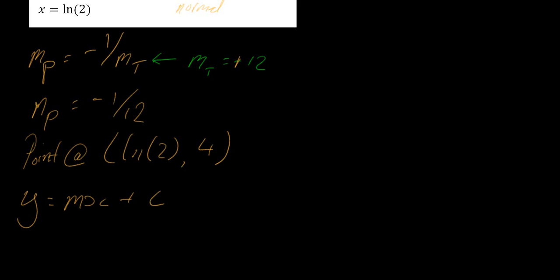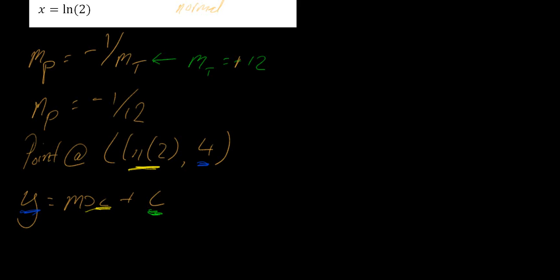So we need to figure out what the value of c is over here. This is our objective. So to achieve that, we're going to sub some values into this equation over here. So what we're going to do is sub this 4 into y, and sub this ln2, our x coordinate, into x. And of course, sorry, one more thing.